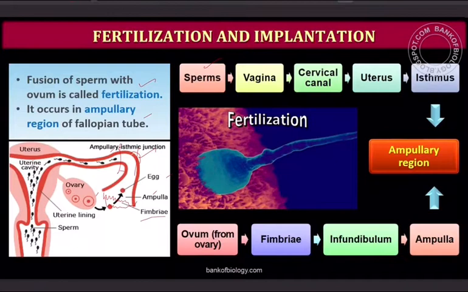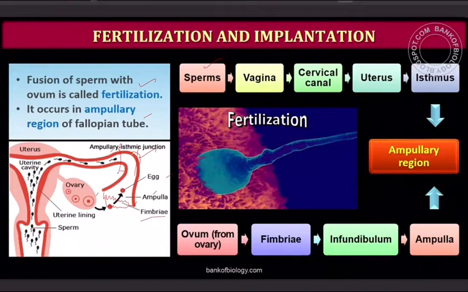So how does this entire process take place? First, sperms will be released, and there should be a sufficient number of sperms, condition 1. Condition 2, they should have the required size and shape. And number 3, the sperm should be motile, they must have locomotion, and the one that is the fastest will be the winner.